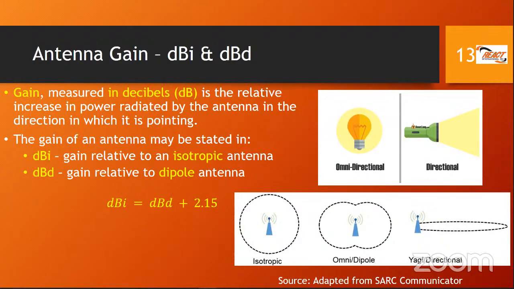We came across the dB or the decibel measurements previously. But specifically for antennas, we will measure the gain in either dBi or dBd. dBi is simply the decibel gain of the antenna relative to a theoretical ideal antenna called the isotropic antenna. It doesn't really exist.